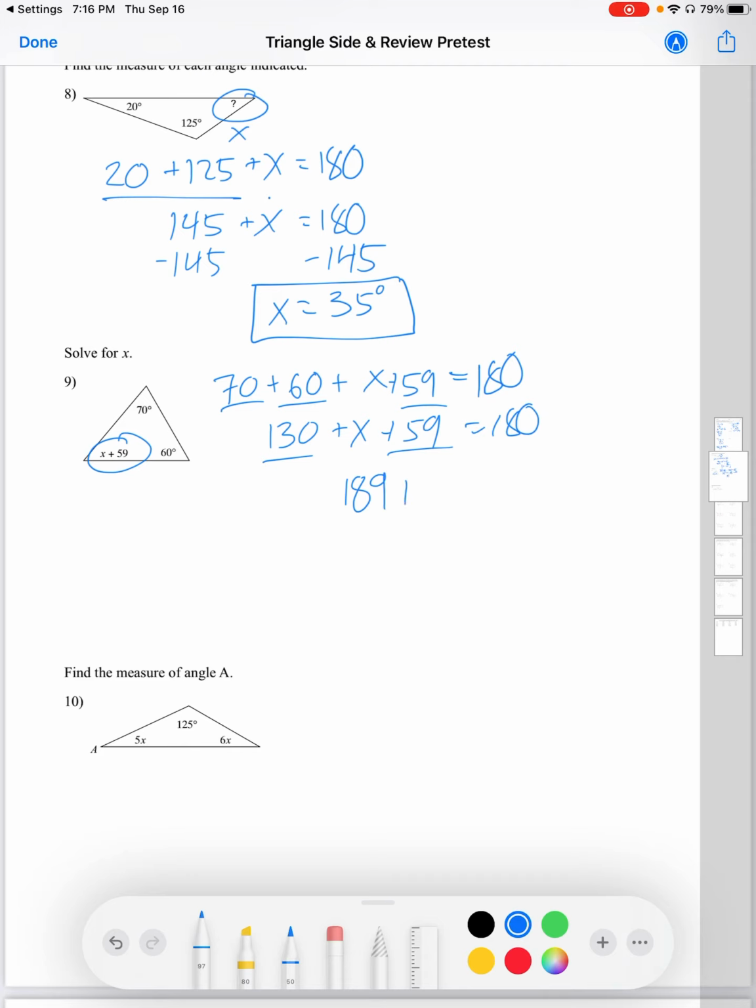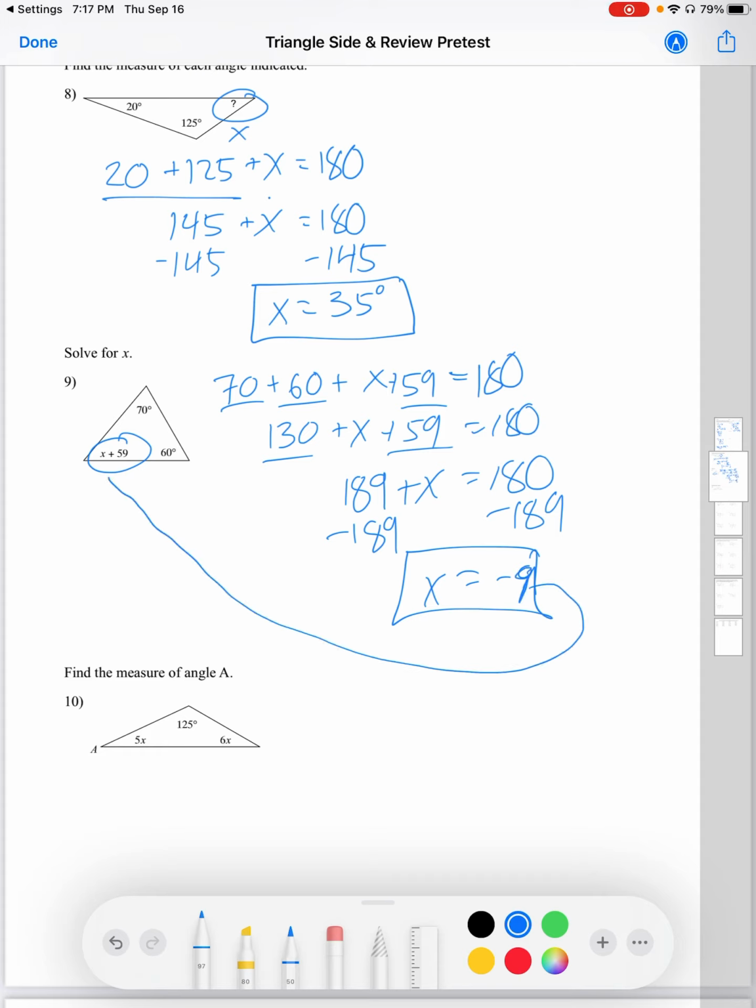That's 189 plus x equals 180. Subtract 189. X equals negative 9. Now, is that possible? Yes, it is possible. It's not a negative angle. If I were to plug that in and find that angle, that would give me negative 9 plus 59. That angle would be 50 degrees. They're not asking for the angle, they're only asking for x.